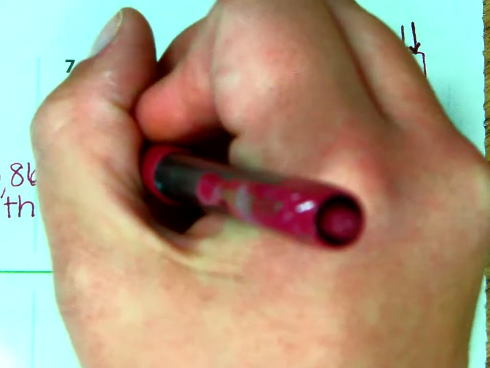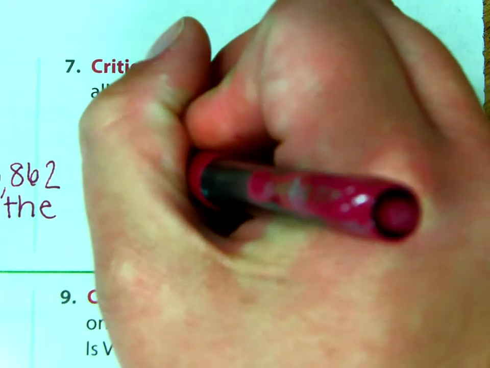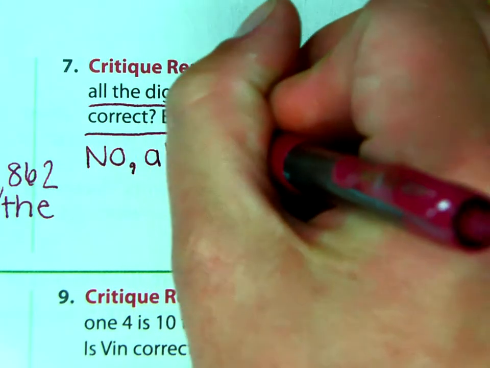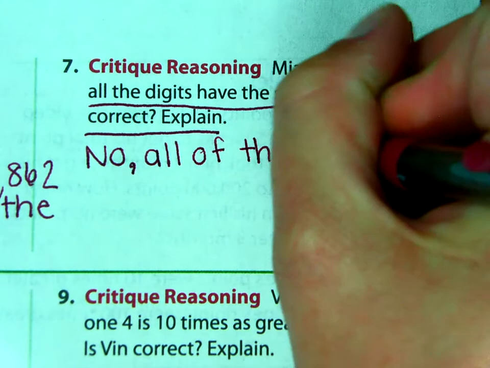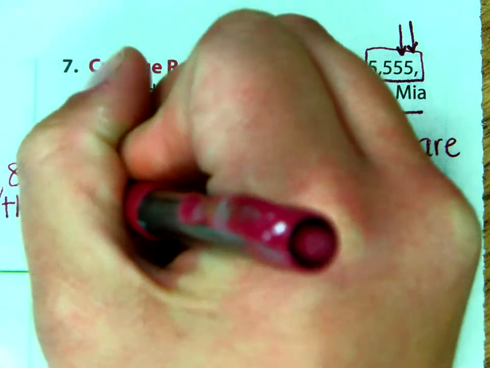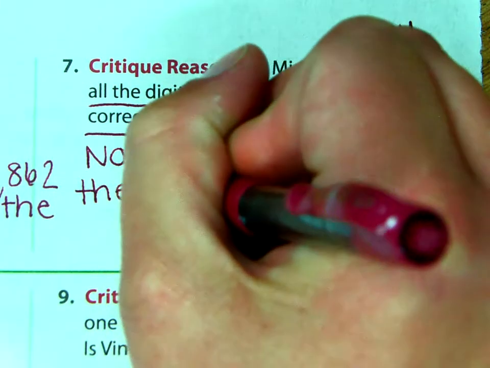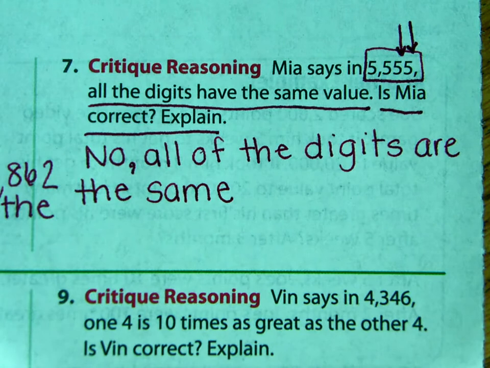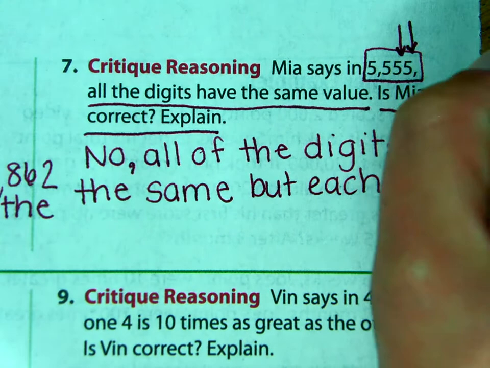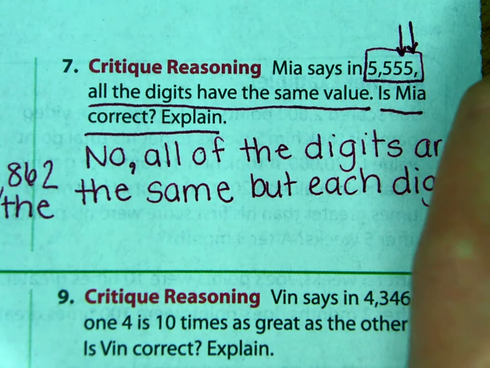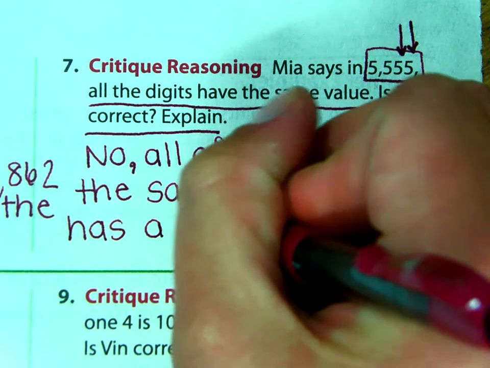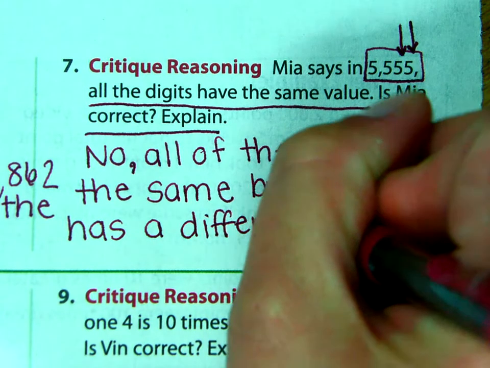Then I want to first say no. All of the digits are the same, but each digit has a different value.